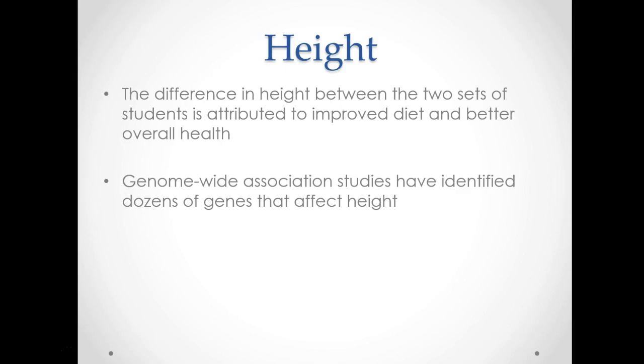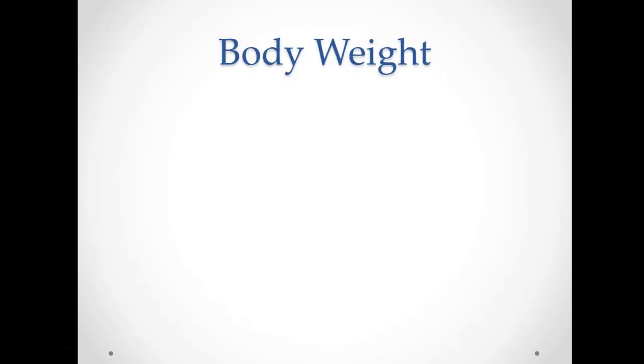So what we see is that in the 2 groups, if you look carefully at that picture, which I know I breezed through, but you can go back and pause that if you'd like, what you'll notice is that the overall average increased, as well as the height of the tallest individual, and that's due largely, in fact, to overall health and better diet in between the 2 groups. So we know that there are dozens of genes that affect height, and again, also your nutrition plays a role in that.